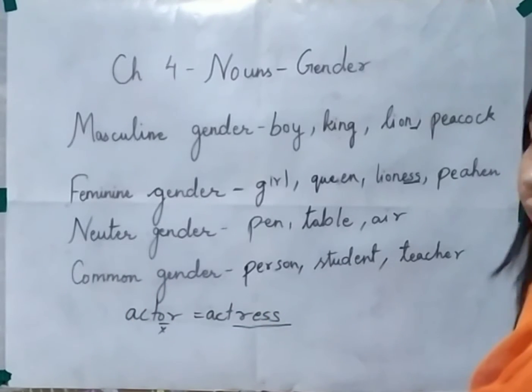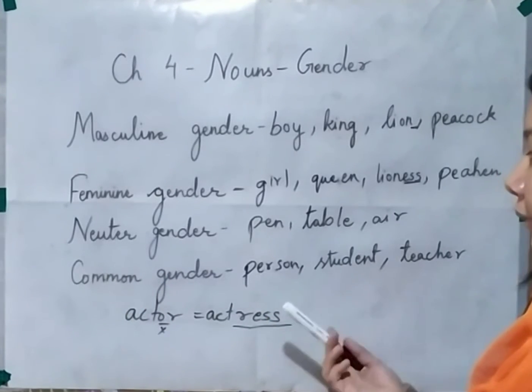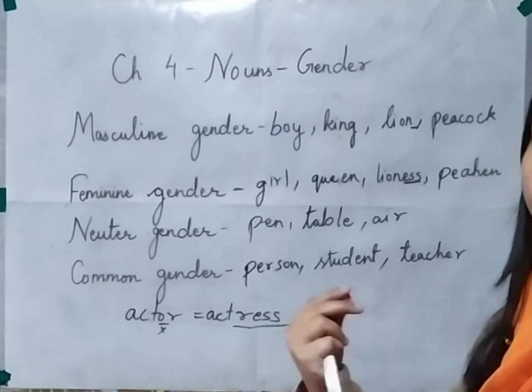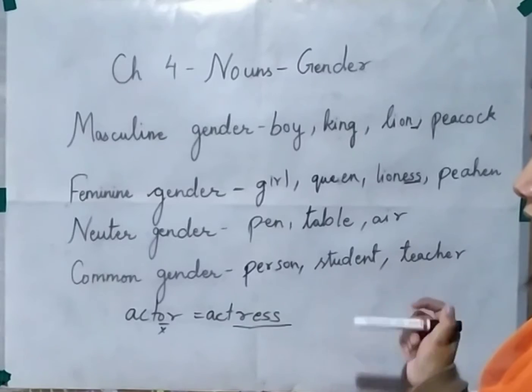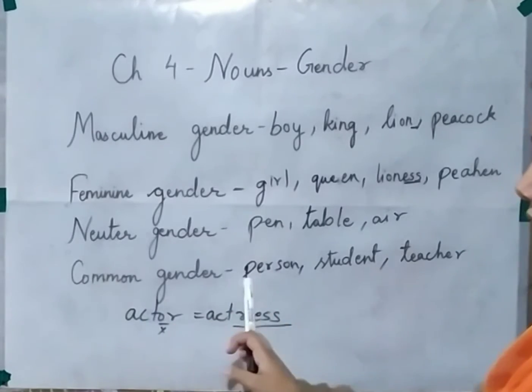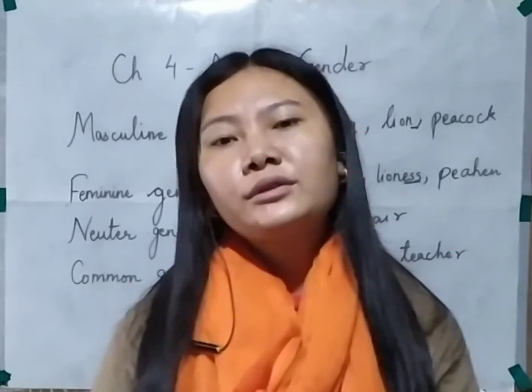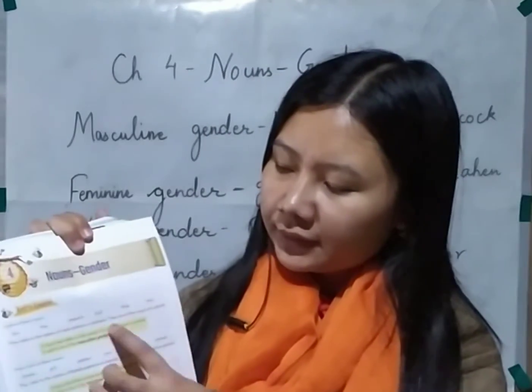If there is a noun that may be the name of both male and female, then such a noun is an example of common gender. So we saw these examples. Now let's read further. I have asked you to memorize these highlighted portions. Try to memorize them.